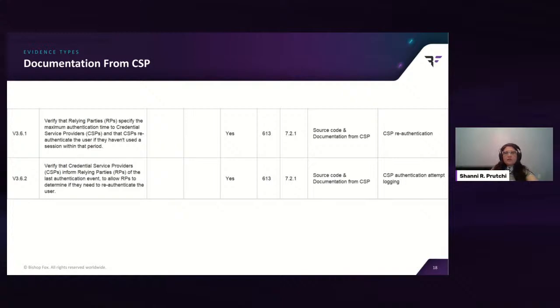So a credential service provider is a trusted entity that issues security tokens or electronic credentials. As you can see, this is only a level 3 requirement, and that's because a credential service provider is only going to be used by high criticality applications that are going to call for level 3.